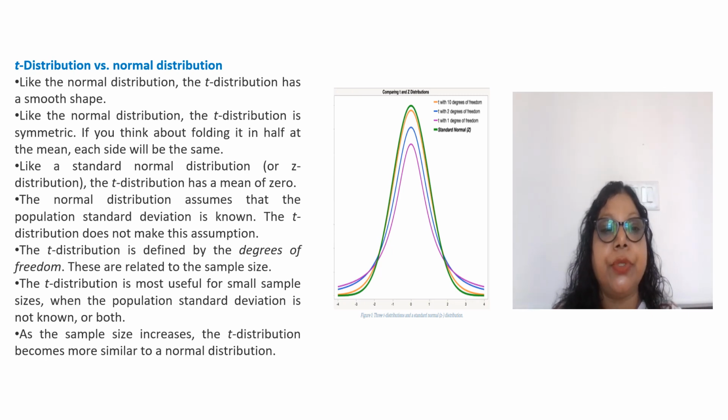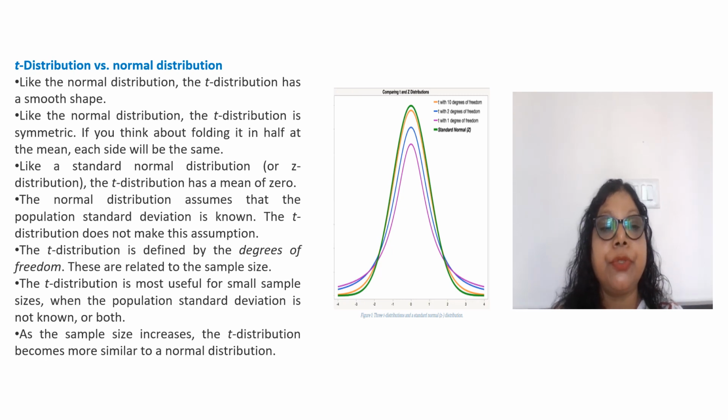Like the normal distribution, the t-distribution has a smooth shape. Like the normal distribution, the t-distribution is symmetric. So if we think about folding it in half at the mean, each side will be the same. Like a standard normal or Z distribution, the t-distribution has a mean of 0.